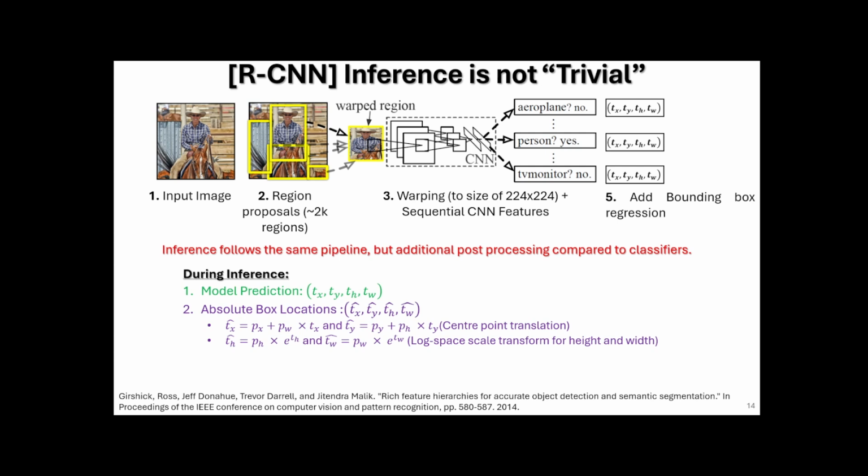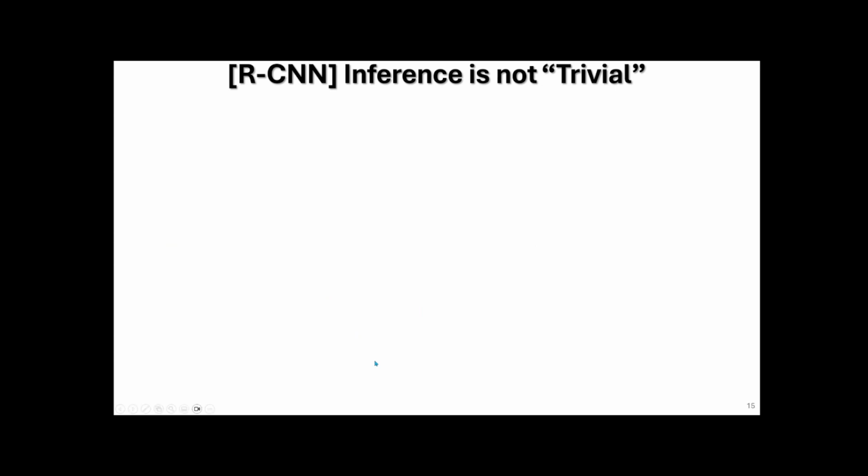So during training, you translate and scale your ground truth annotation to the warped region based on the formulation we discussed on the last slide. During inference, you scale your predictions in the warped region back to the original image space using the inverse formula listed here. So it's not straightforward, but not that difficult either.